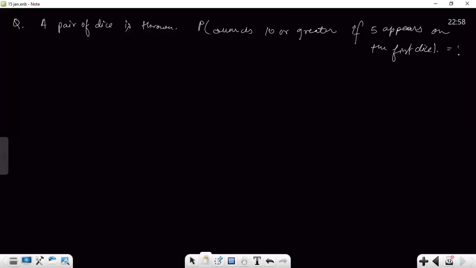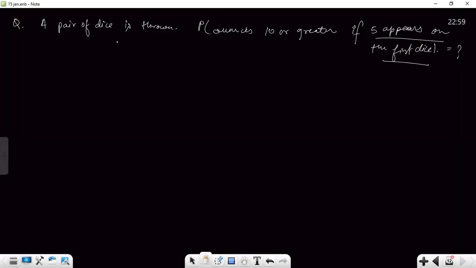This is what we need to find out. So, can anyone tell me, is this a question of conditional probability or not? It is, because it is given that 5 appears on the first die.